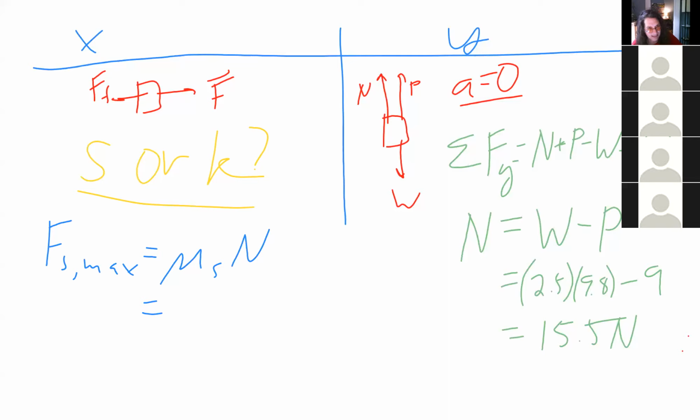My mu static is, was it 0.4? And my normal force is 15.5. I actually need to know what this is. One second.